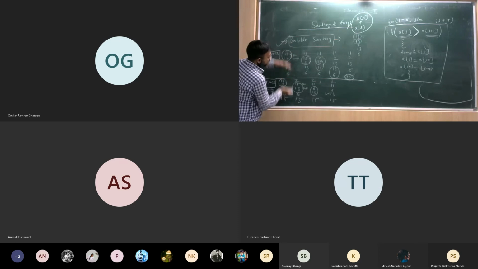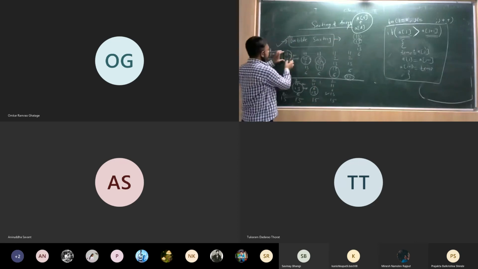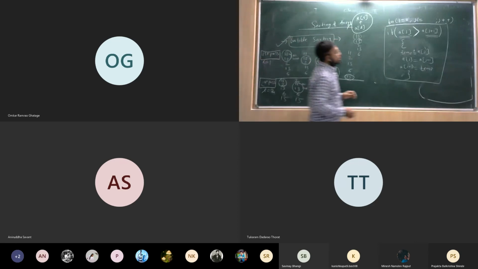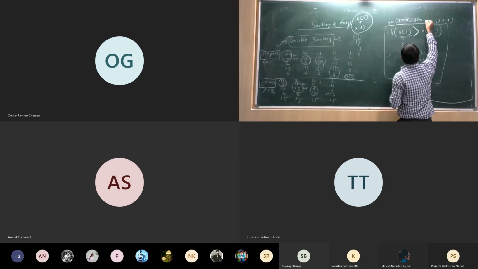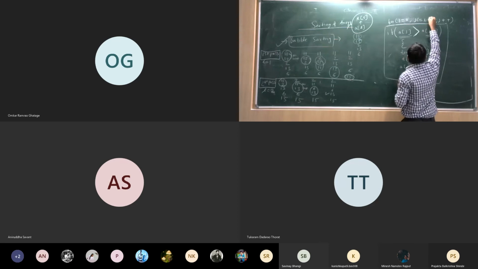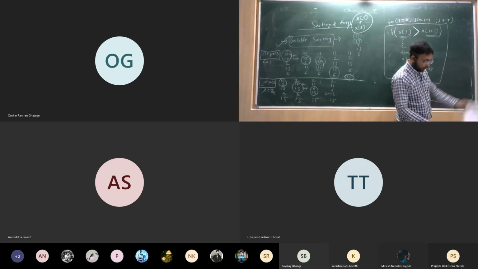If there are 5 elements, 5 passes we need. In a single pass there would be 5 comparisons or 2 comparisons. So j is equal to 0 to j is less than i minus 1. How many passes do we require?